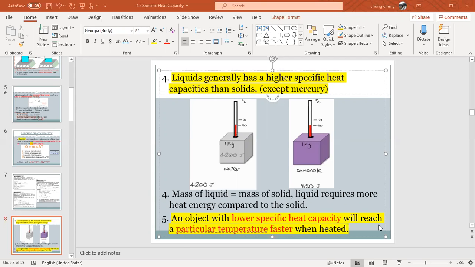Because for a solid, for example concrete, it needs 850 joule to increase the temperature. At the same time, if it releases 850 joule of heat energy, it is able to reduce the temperature already. So in another words, smaller specific heat capacity heats up faster, cools down also faster. Okay, clear here?